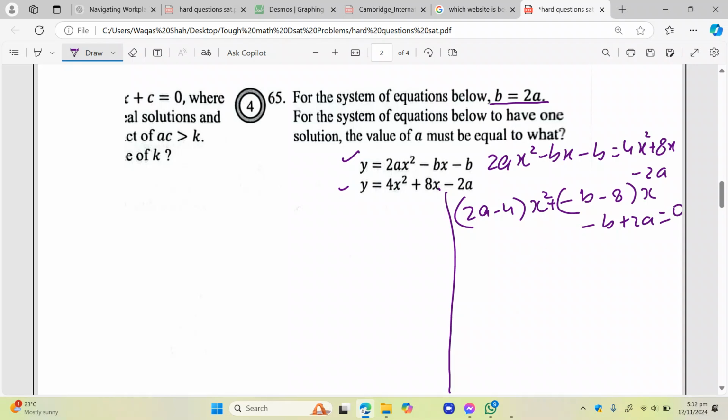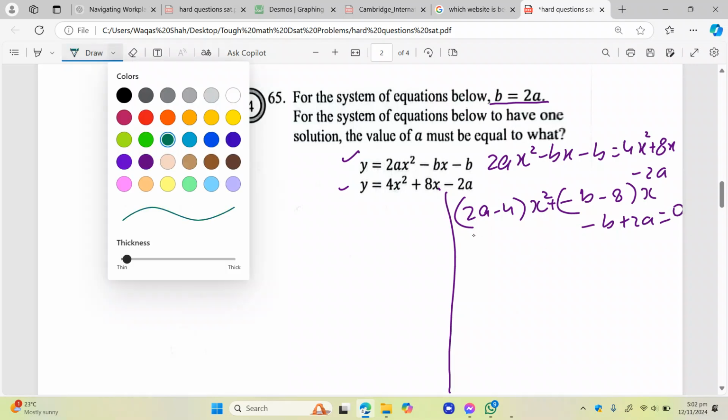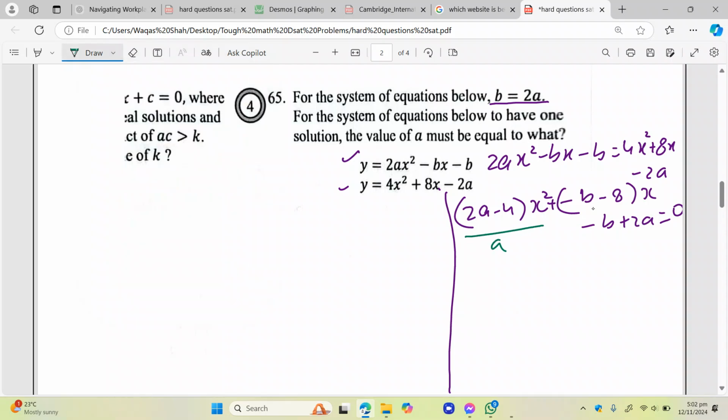Now you can see that this is in the standard form. Okay, so this is a, this is b, and this one is c, and it's given that the system has one solution, so the discriminant must be equal to 0, right? So b square minus 4ac must be equal to 0.